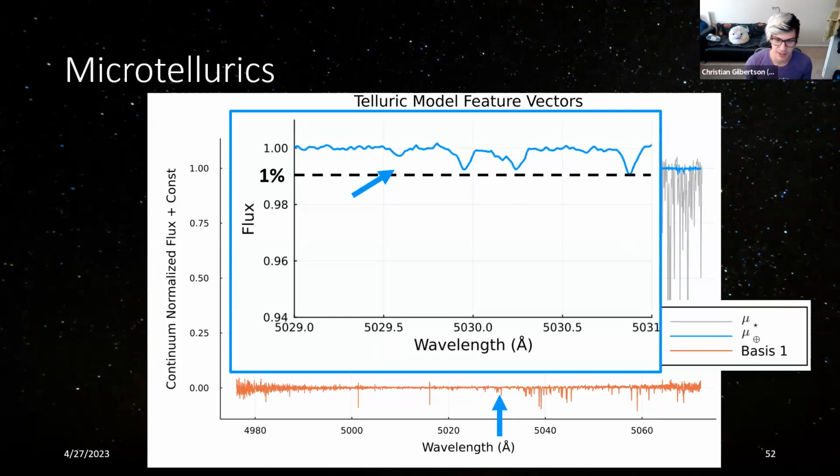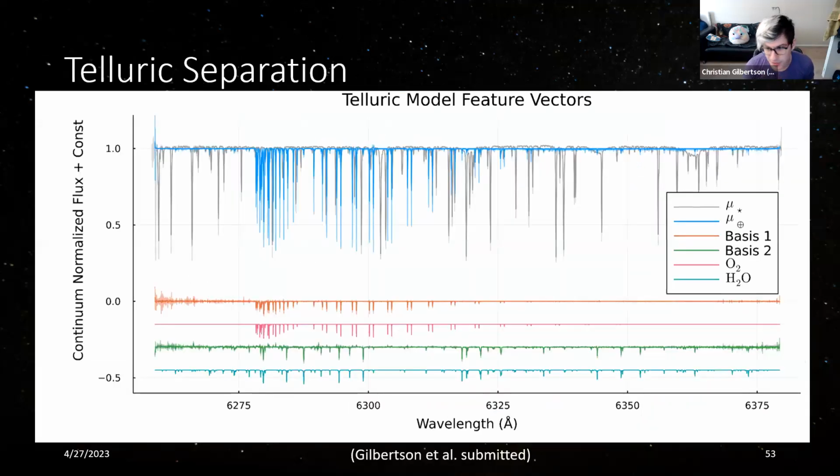We can find and characterize the sub-percent Telluric variability, as you can see in this small line on the left there. In other parts of the spectrum, SOOF is able to identify and cleanly separate the two primary forms of Telluric variability we expect in the NUID data, namely from oxygen and water.